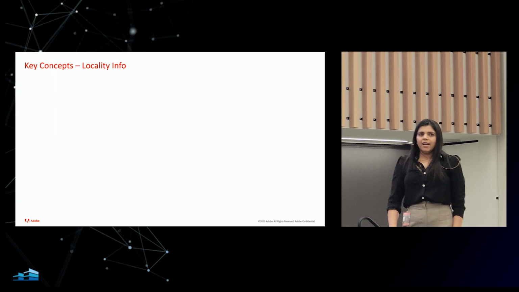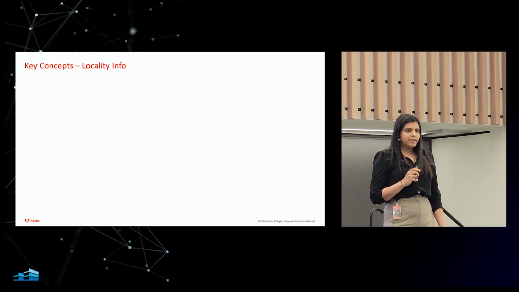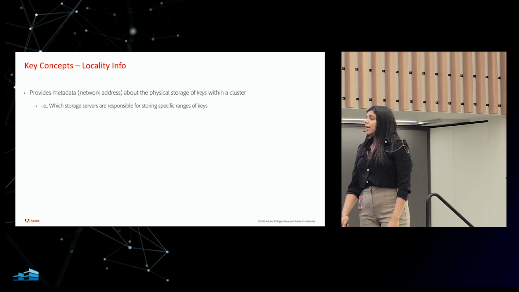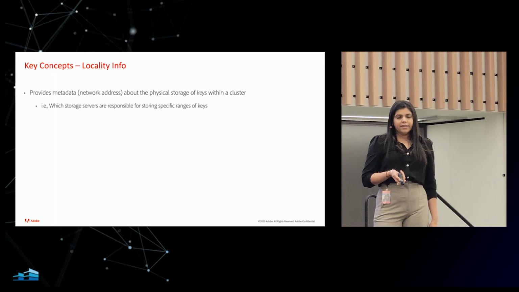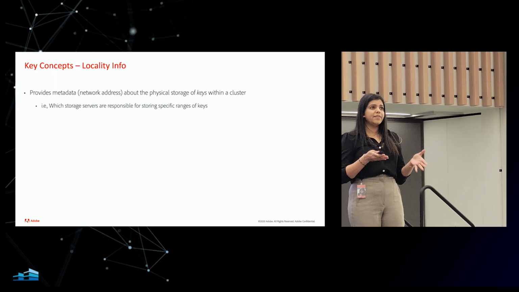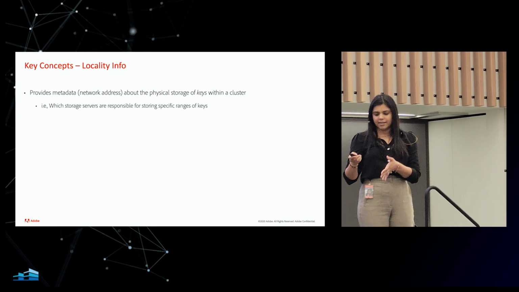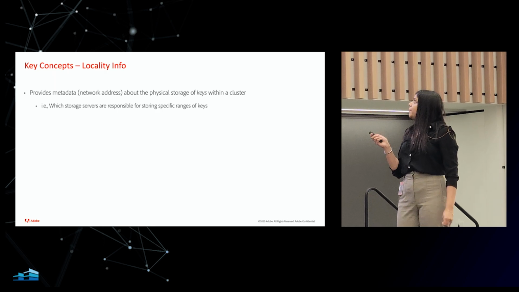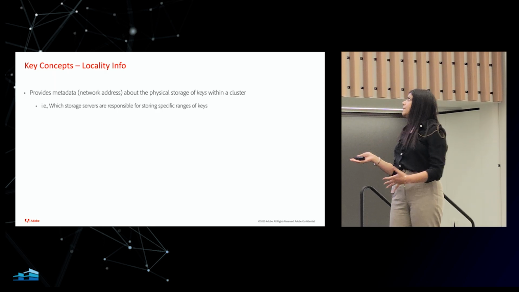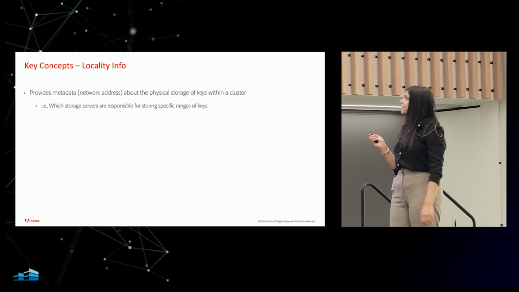All right. Now let's talk about one of the very cool features of FoundationDB, which is locality info. Locality info is a utility which helps a client understand where the keys are located physically in the cluster. It tells about the network addresses, that is, which storage servers are responsible for processing which range of keys.